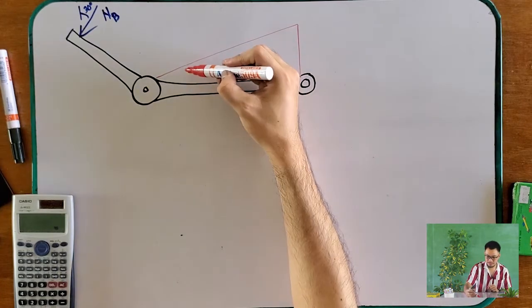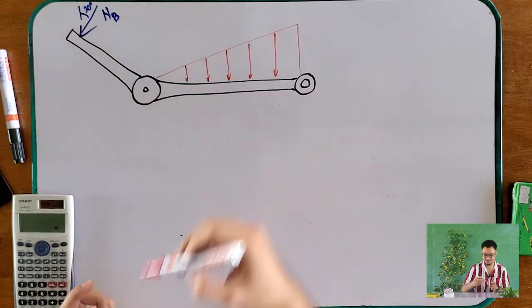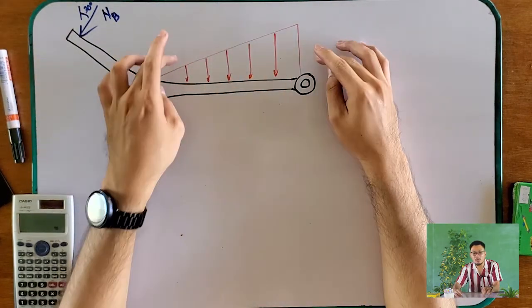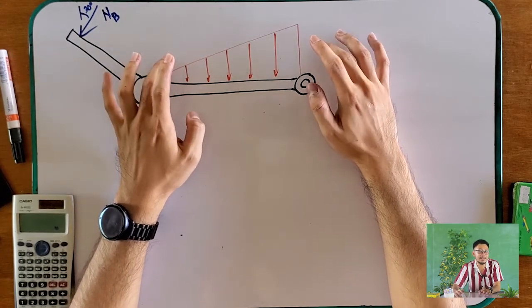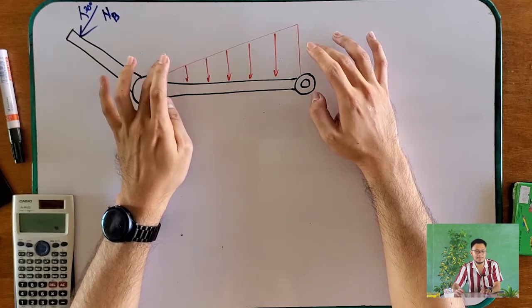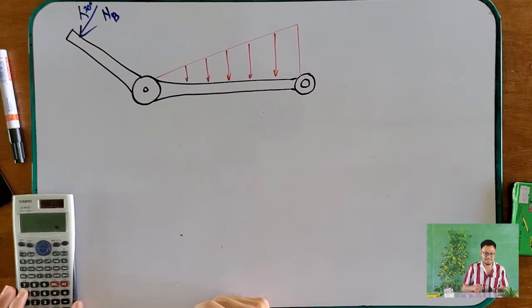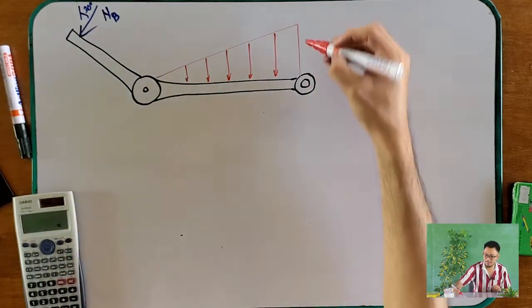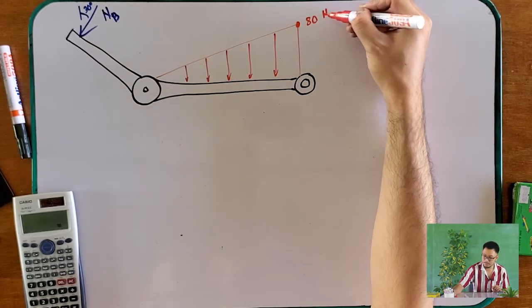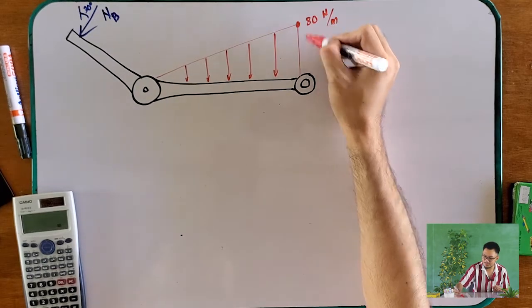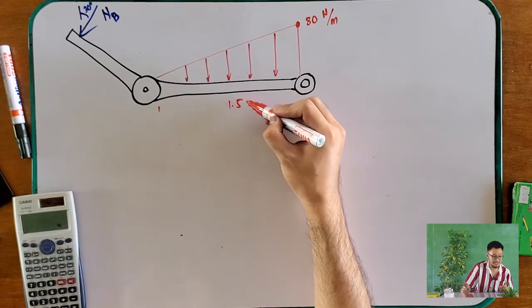Right? And we already know how to simplify a triangular loading, right? For this kind of distributed loading, you can just get the resultant force by getting the area of the triangle. Here the maximum load is 80 Newton per meter, which is the height of our triangle. The length of our triangle is given as 1.5 meters.